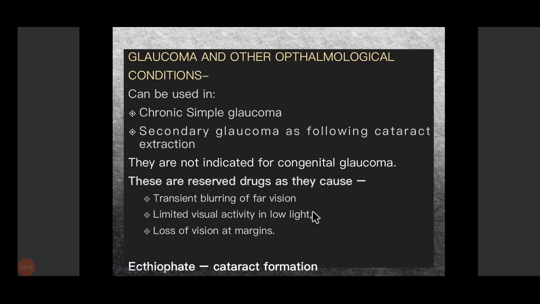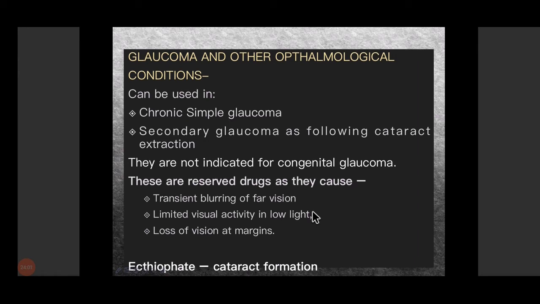Now they are used in the treatment of glaucoma. We will probably also have a separate session on the management of glaucoma, but here we will only touch upon the use of these indirectly acting cholinomimetics. They are used in chronic simple glaucoma and secondary glaucoma, such as following cataract extraction.